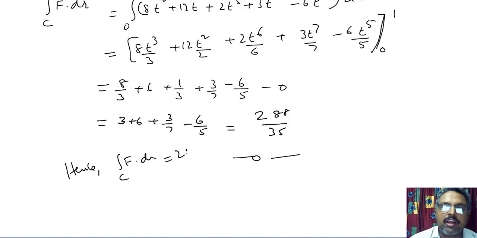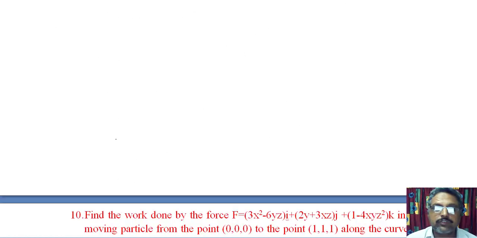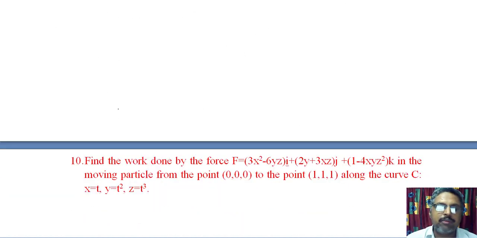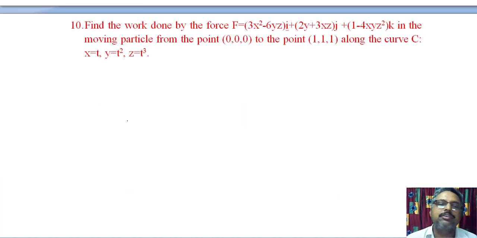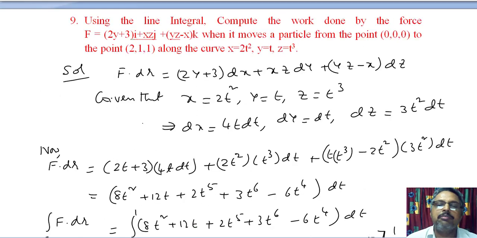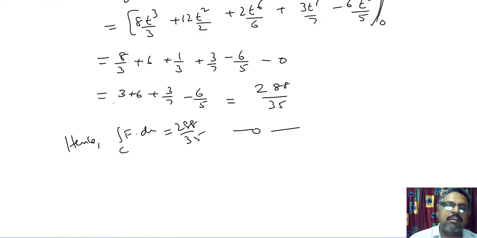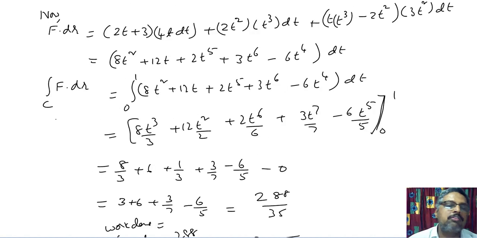Same procedure. Just find f dot dr. F dot dr is 3x square minus 6yz dx plus 2y plus 3xz dy plus 1 minus 4xyz square dz. And given that x equals t, y is t square, z equals t cube.